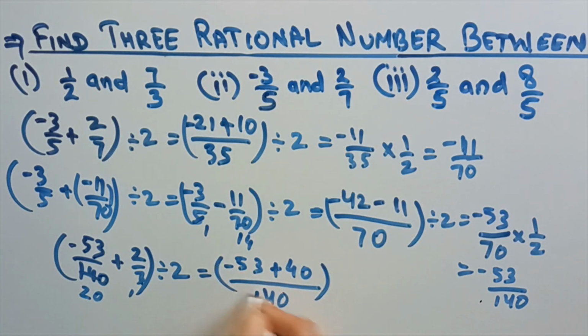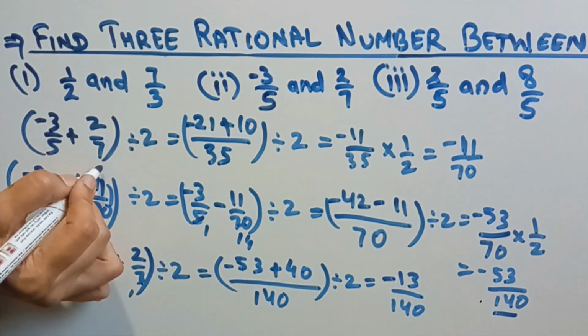This divided by 2. Now minus plus is minus. So subtract. Because 53 is a bigger number, I am writing this with a minus sign. 13 by 140. This is the third number, and this number is between this number and the last one, 2 by 7.